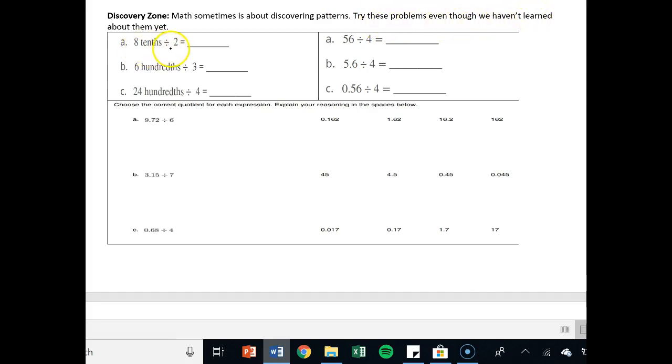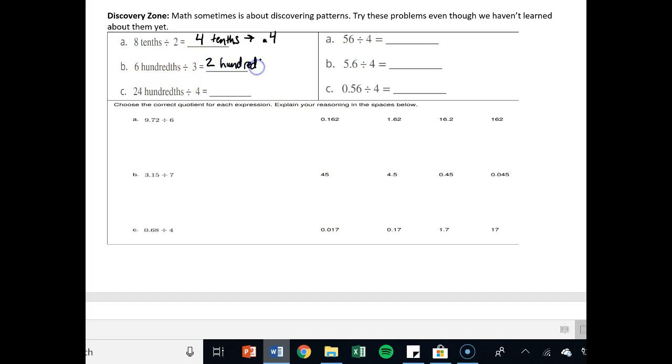If I said 8/10 divided by 2, we'll just think, what's 8 divided by 2? Well, that's just 4. But now it's tenths, so my answer is 4/10, which if I were to write it, it'd be 0.4. All right, what's 6/100 divided by 3? Well, 6 divided by 3 is just 2. And if it's hundredths, it's 2/100.